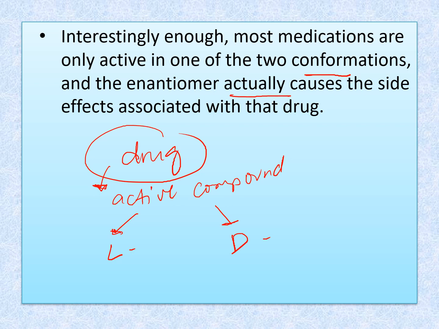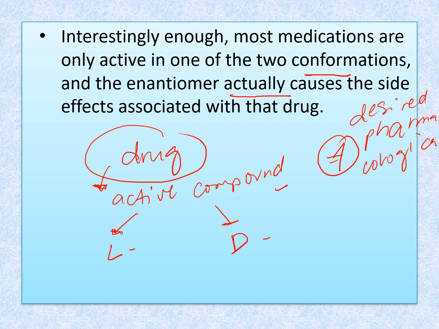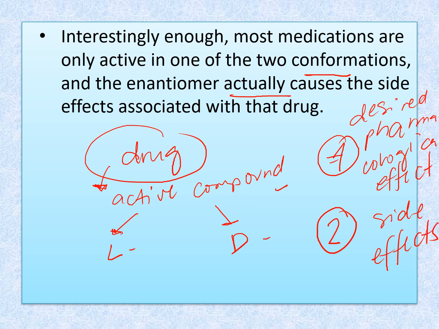One of the enantiomers, or one of the forms of the active compound, can provide the desired pharmacological effect. And the other enantiomer, or the other form of the drug or medication, can cause the side effects of the drug.